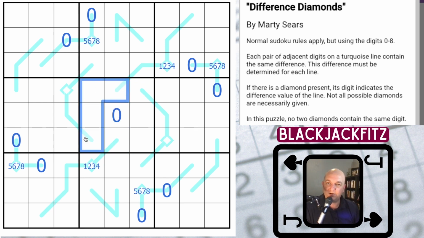A little naughty 0, not helping us with any of these. Now this is the same as that. So let's do this, and then this is also 5, 6, 7, 8. These two are the sort of same. These two are the same, aren't they?